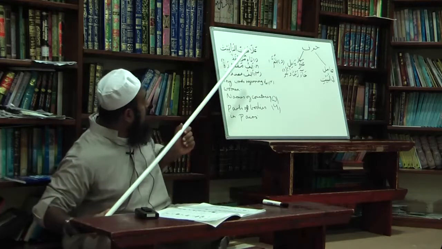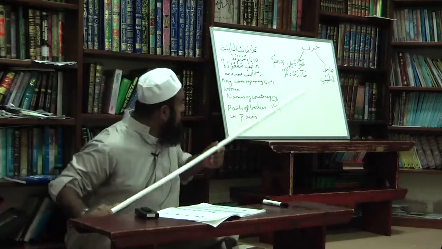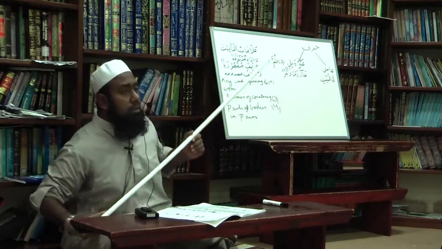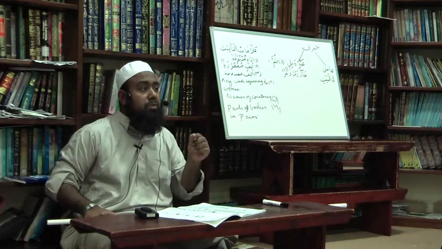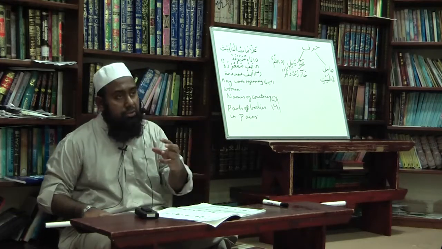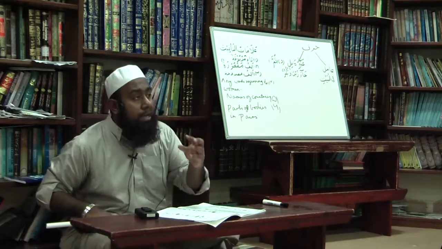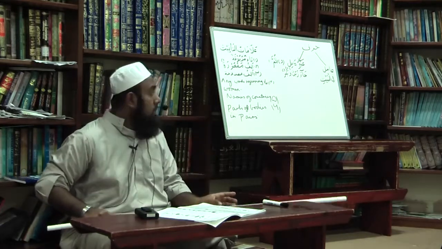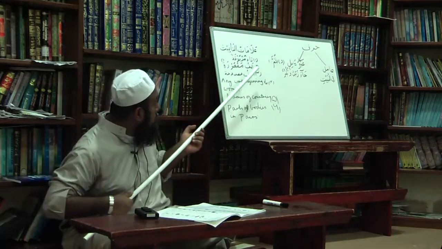So alamatut ta'nith, the signs of ta'nith, femininity. Ta marbuta, a ta which is attached. Rabata yarbutu means to attach. So a ta which is attached to the end of a noun. Okay, that's one. I'll give you examples on the following side of the board.